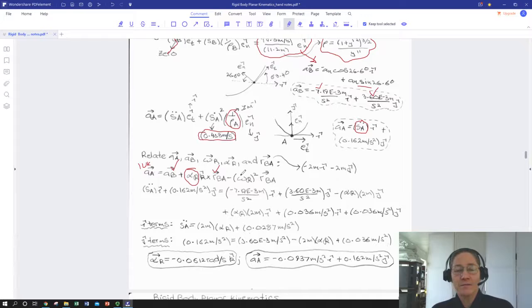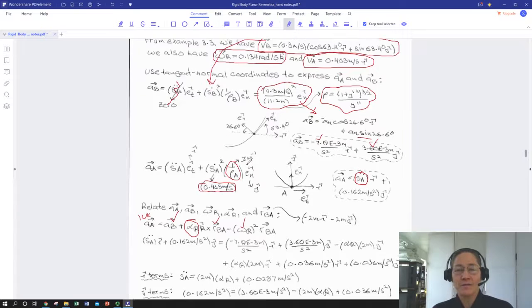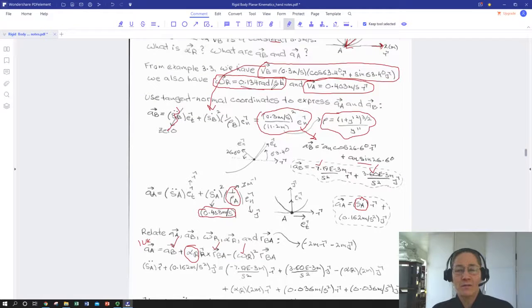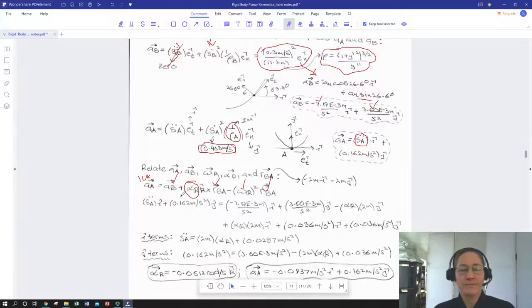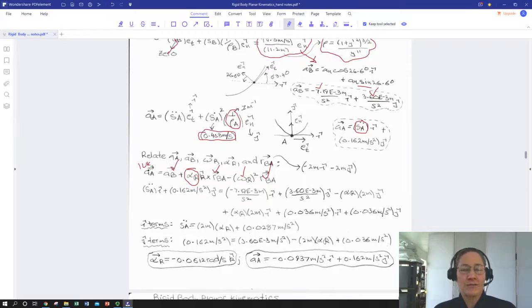We know this from our previous work to find velocities, and we know this. Aha! So we have two unknowns: the tangential component, or i hat component, of the acceleration of point A with respect to our reference ij coordinate system, and we need the angular acceleration of the rod.